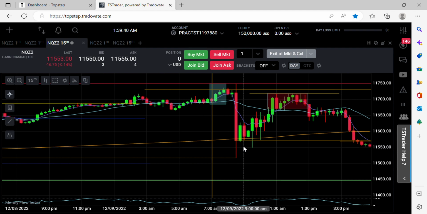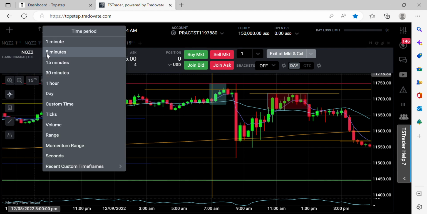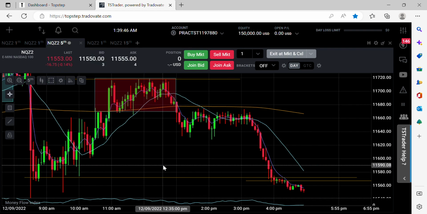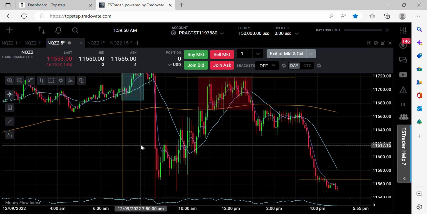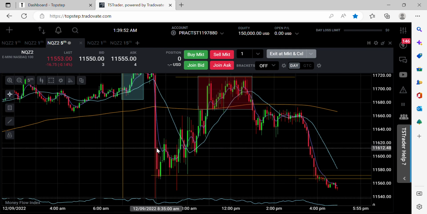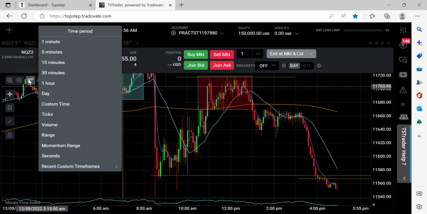So let's break this down into smaller time frames. Let's go to the 5. And we can see that's a very fast move. So within 5 minutes, it covers here and covers here. Let's go down to the 1.